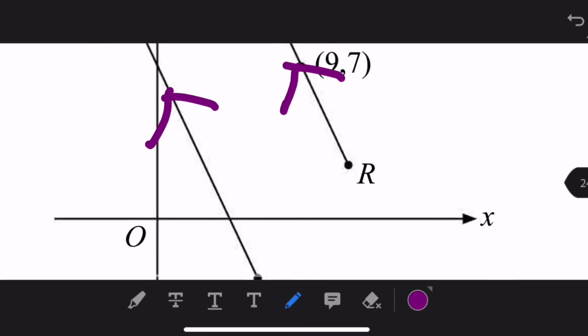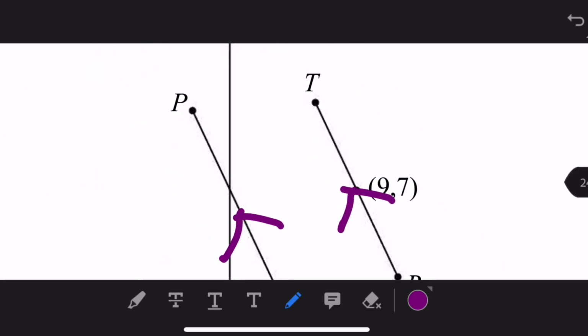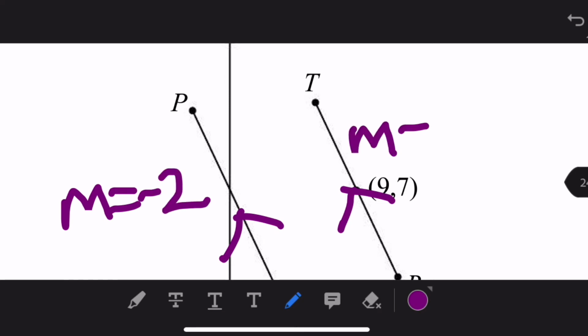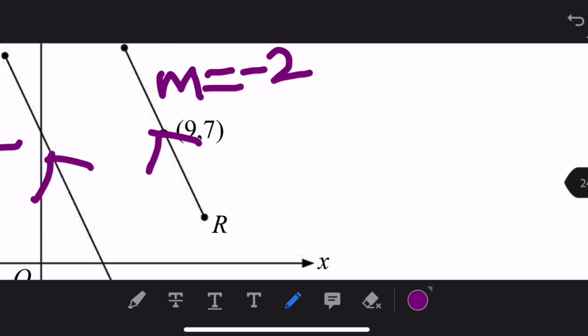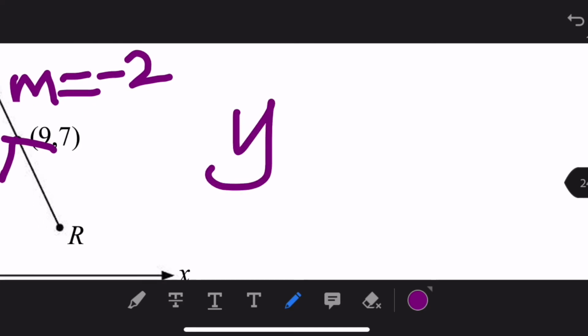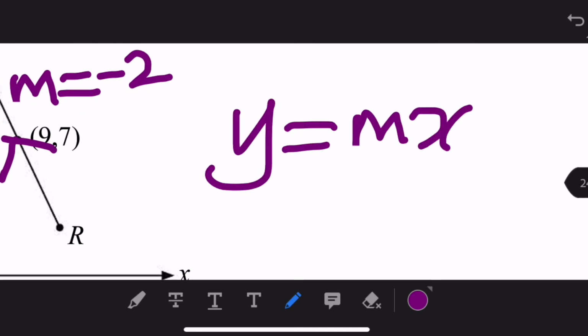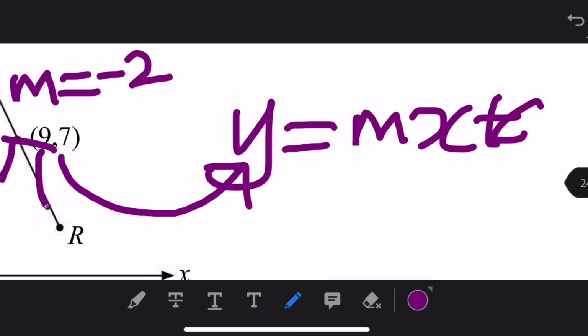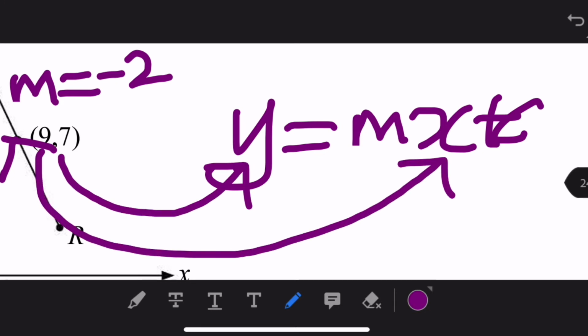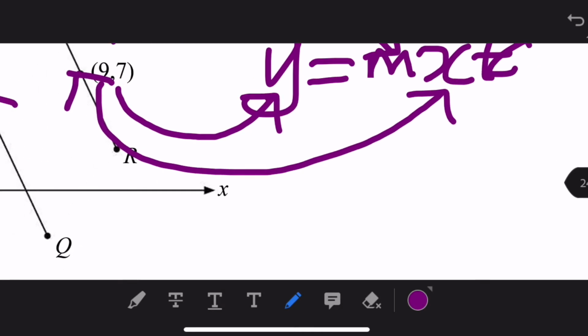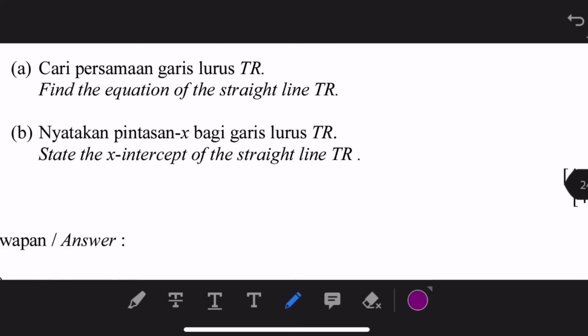Okay, if they give you the equation, you just identify the m from the equation. Alright, so the m is -2. So we can always use y equals mx plus c, and we substitute the 7 as y and the 9 as x and the gradient as -2 to obtain the c.